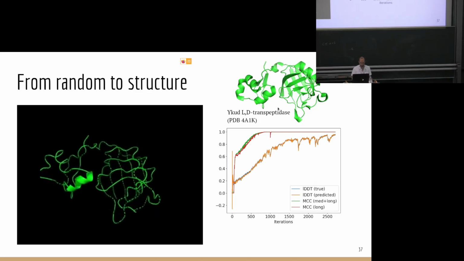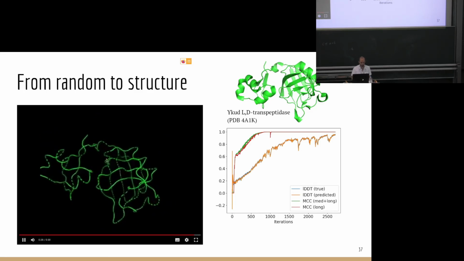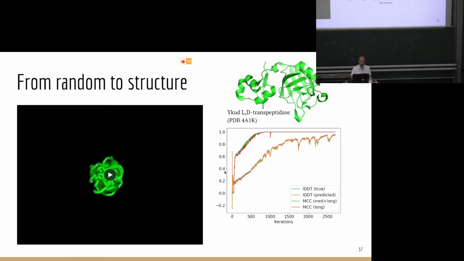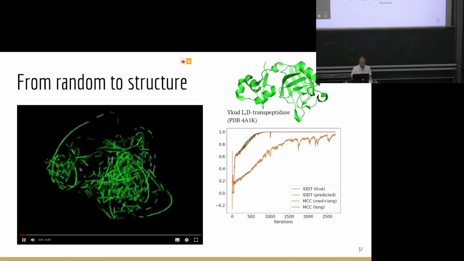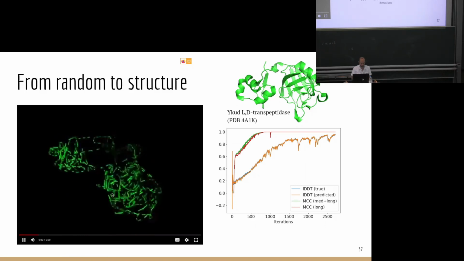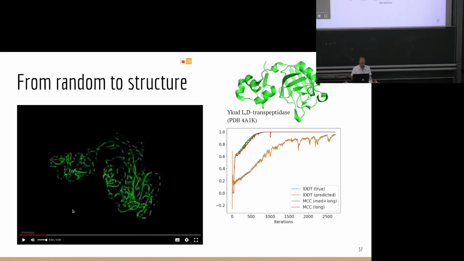By the way, it's not rendering the secondary structure annotations. This is simply because this is just backbone, and PyMOL doesn't want to render secondary structure annotations if it's just backbone. But a couple of interesting things about this is that, as you can see here, it's pretty quickly getting to this representation of these two subunits, right?